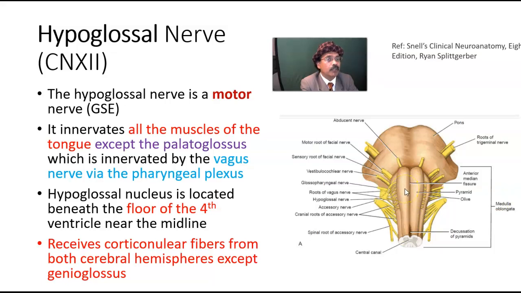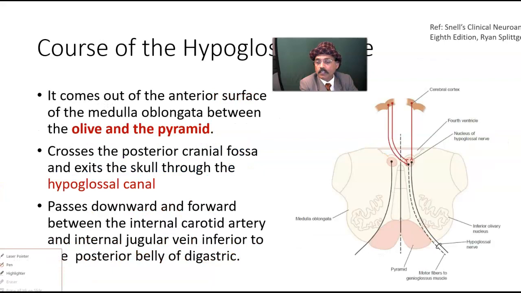It looks like a pyramid because it also contains pyramidal tracts. So this is the hypoglossal nerve rootlets. This is the hypoglossal nerve. That nerve innervates the muscles of the tongue with the exception of the palatoglossus. Okay, we got that. Now go to the next slide.